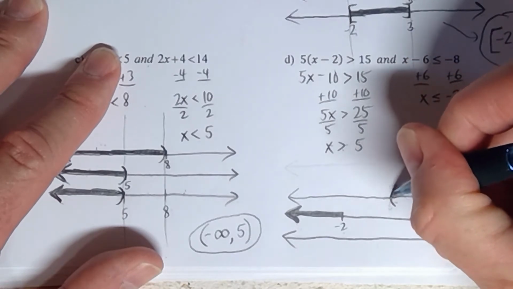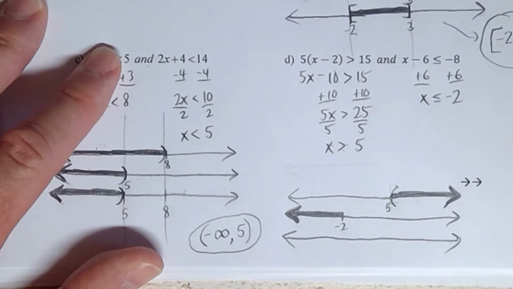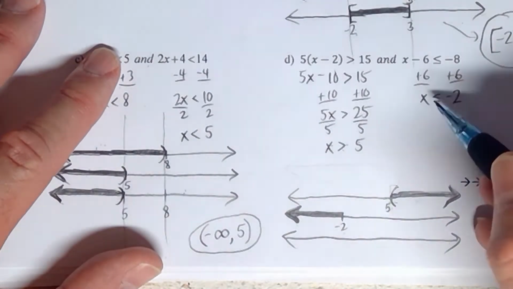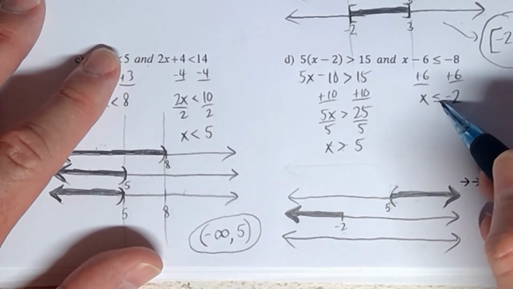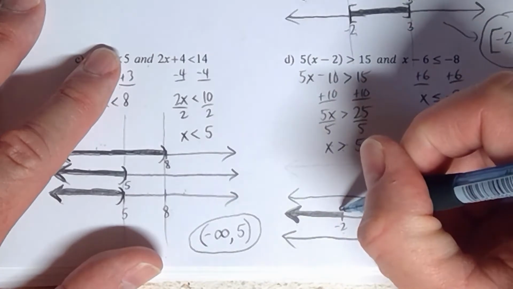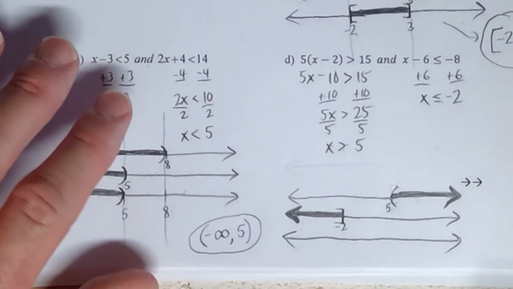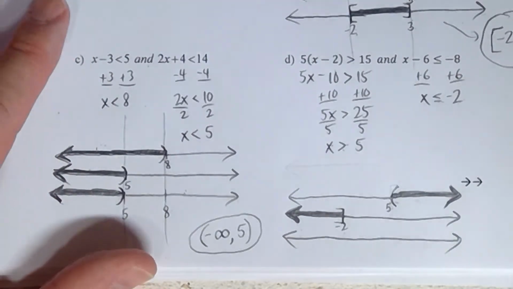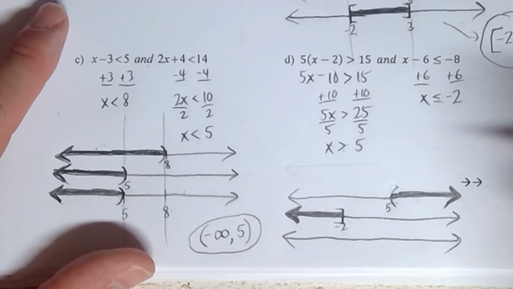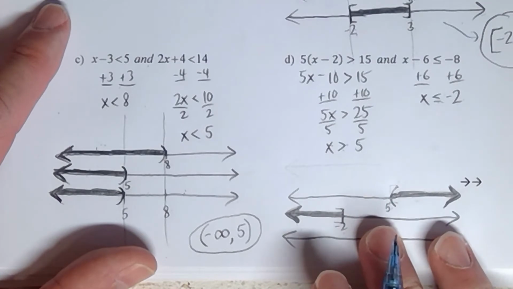No feet means round. There we go. But the -2 does have feet underneath it, next to it, and so that's going to be square. So one round and one square this time. So we're now done with the shadings on the first two number lines.